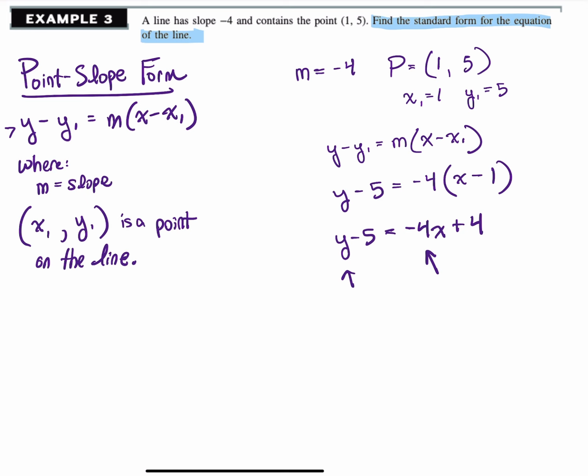Let's add the 4x over to the other side. I'll stick that in front. So 4x plus y minus 5 equals 4. Now let's just add that 5 over to the other side. So 4x plus y equals 9. 4 plus 5. Now we're in standard form. x and y are on the left side, there's no fractions, and the first term is positive.